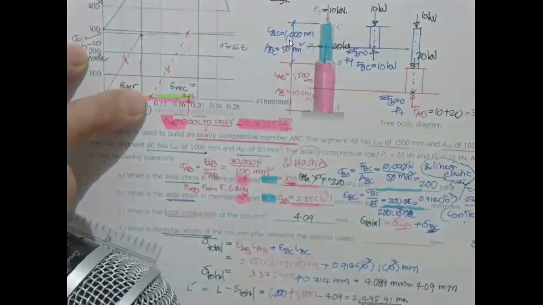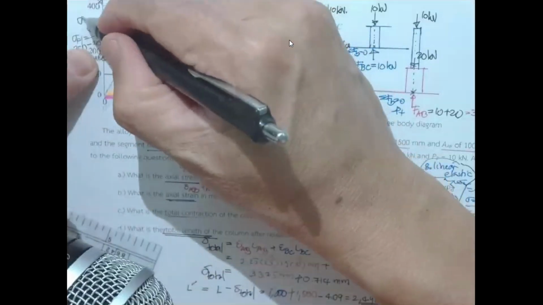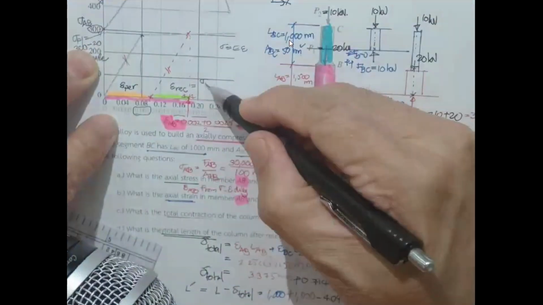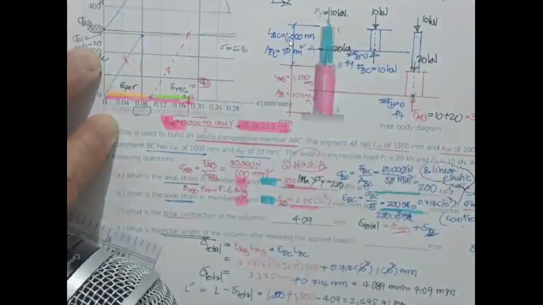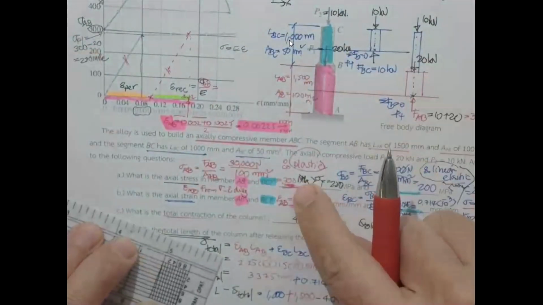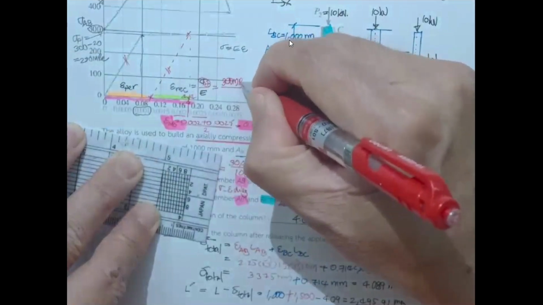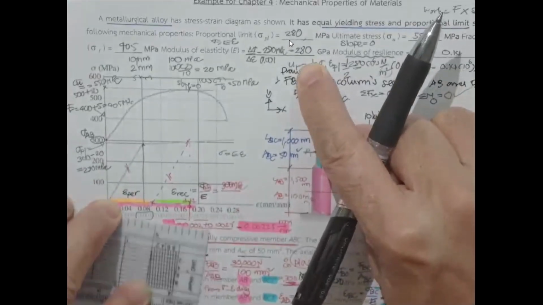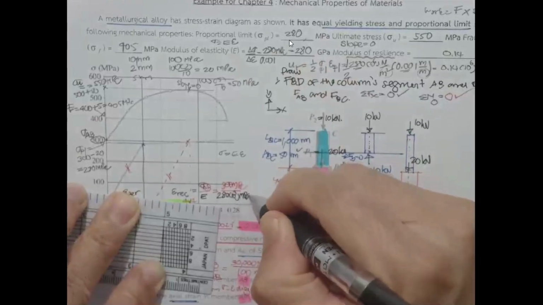Then strain recovery is going to be stress sub AB divided by E. Okay, divided by E. Then this one equals 300 megapascal divided by the modulus of elasticity over here, 280 times 10 to the power 3 megapascal.